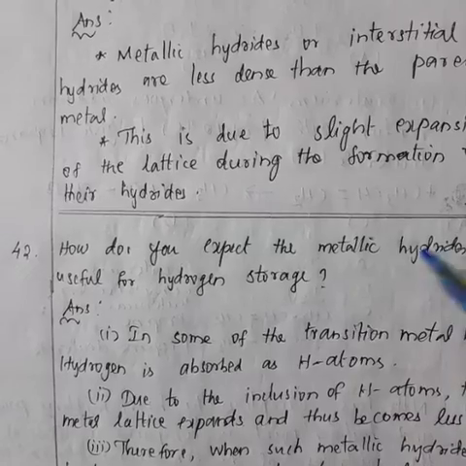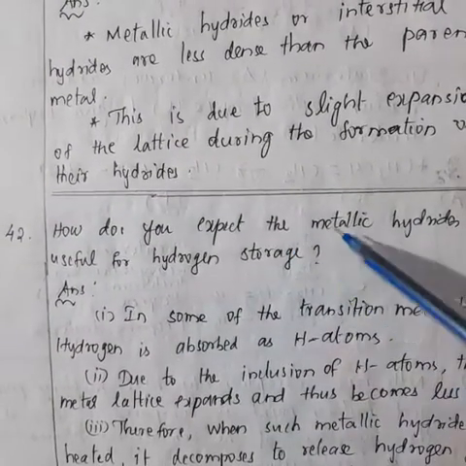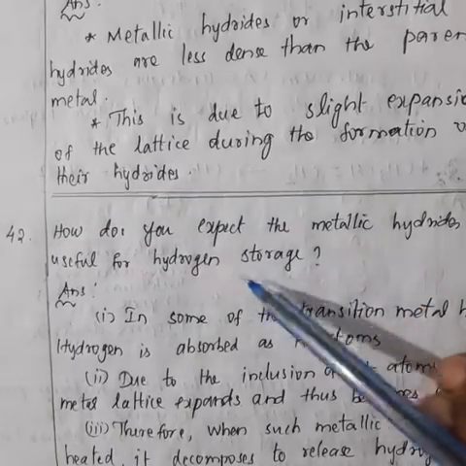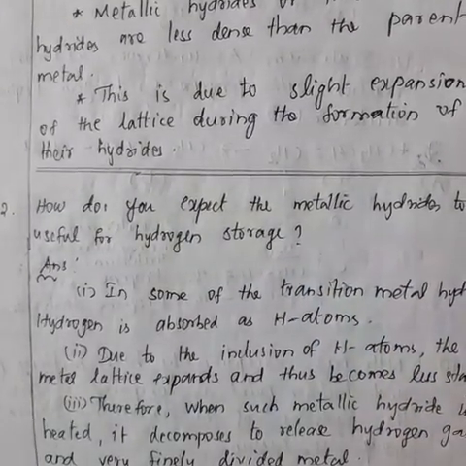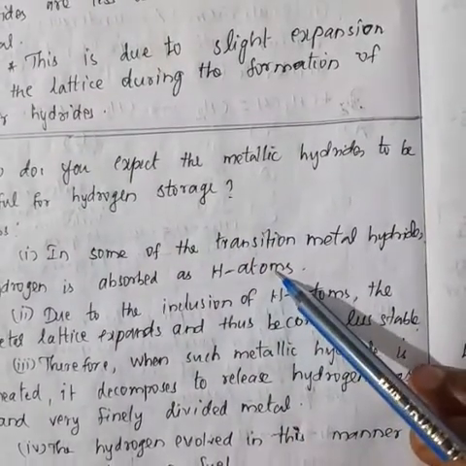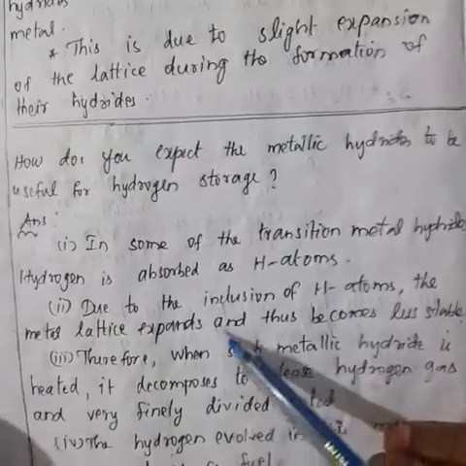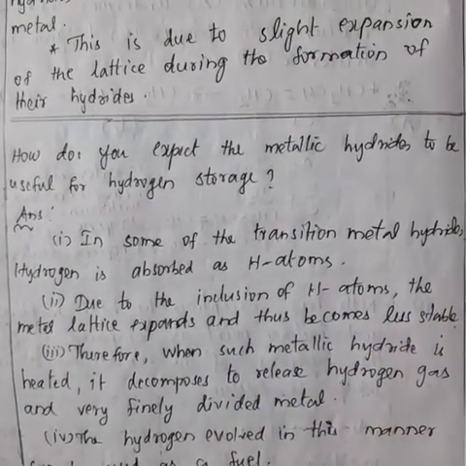And question number 42. How do you expect the metallic hydrides to be useful for hydrogen storage? Answer. In some of the transition metal hydrides, hydrogen is absorbed as hydrogen atoms. Due to the inclusion of hydrogen atoms, the metal lattice expands and thus becomes less stable.